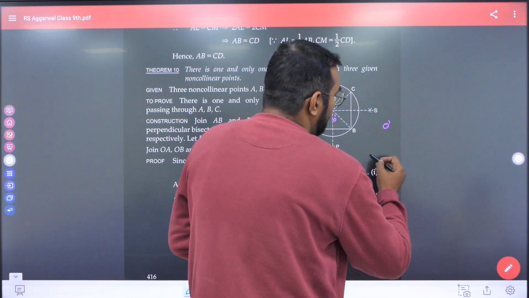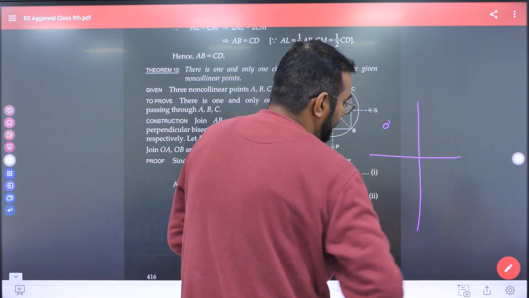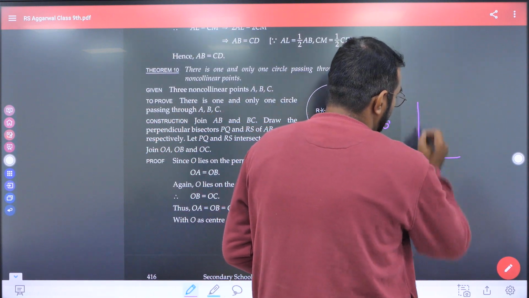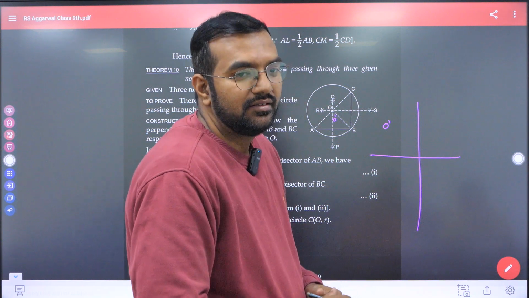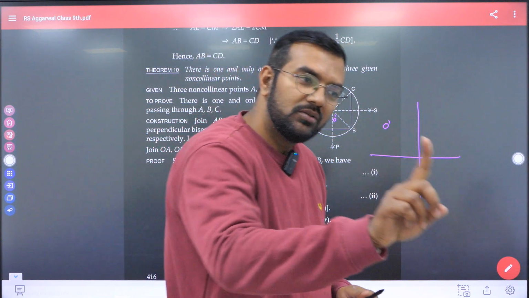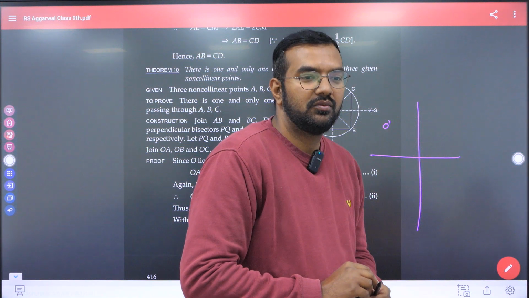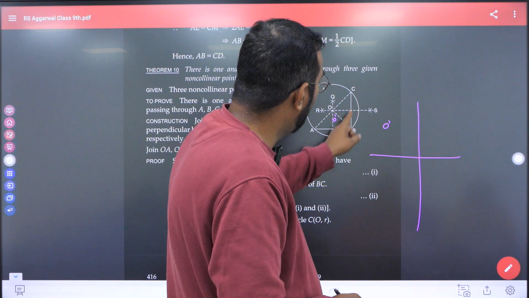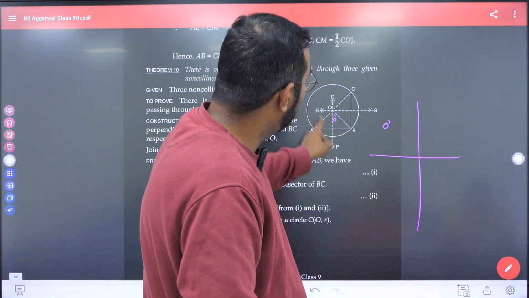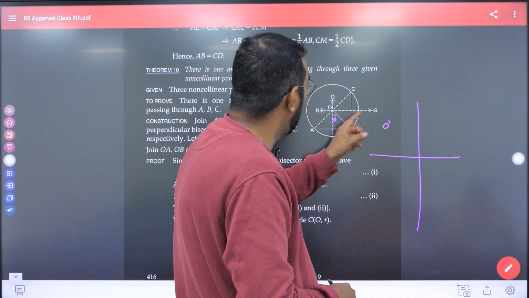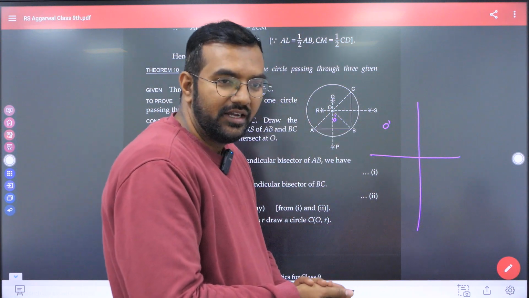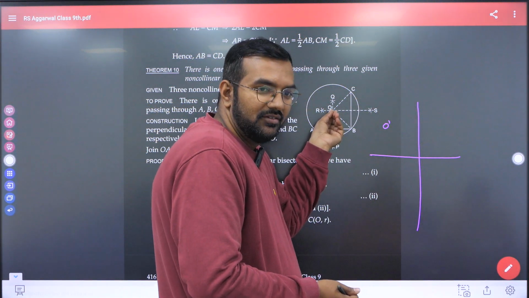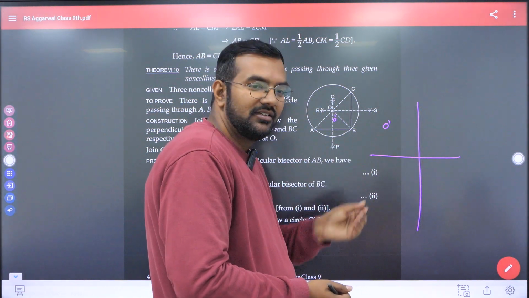But it is a theorem in maths that two lines can intersect at most at 1 point, not more than 1 point. And we already have a point O where the perpendicular bisectors PQ and RS intersect. So we cannot have any other point than O which is equidistant.